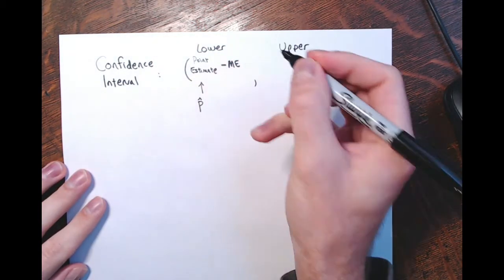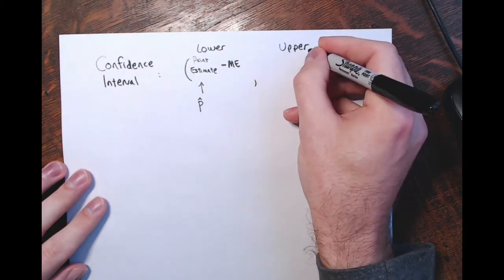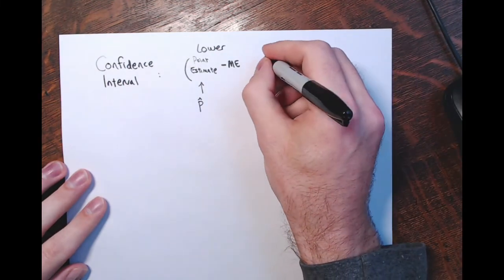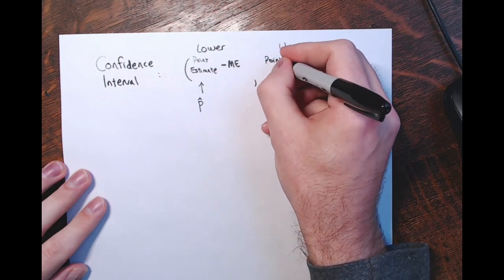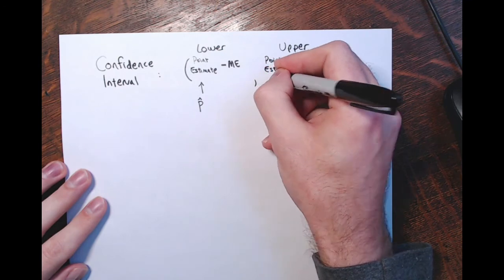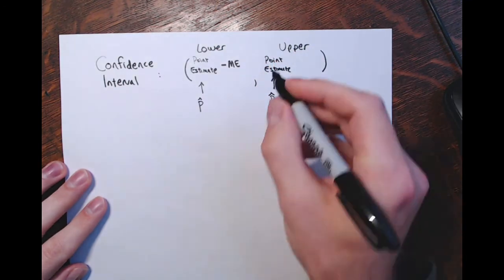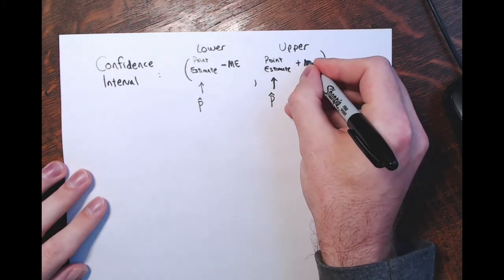Remember, ME was the margin of error. And then the upper bound of a confidence interval is your point estimate, which for this particular question is our sample proportion, plus the margin of error.